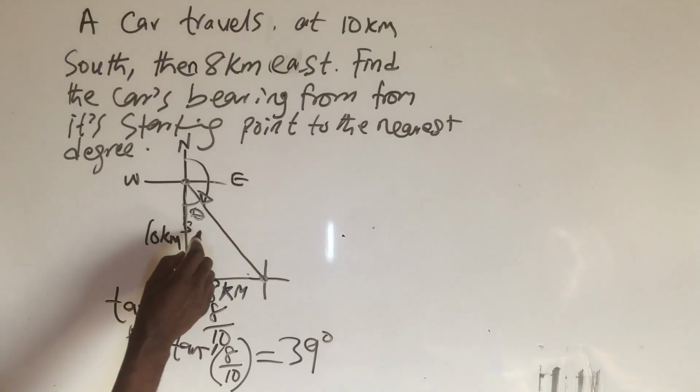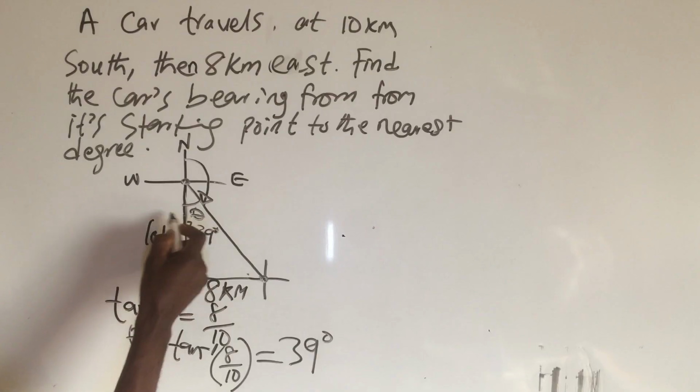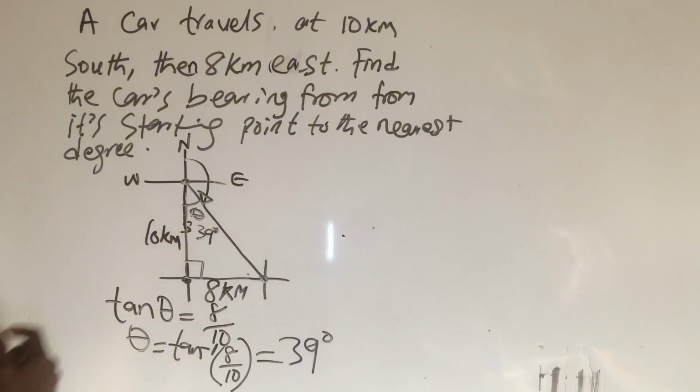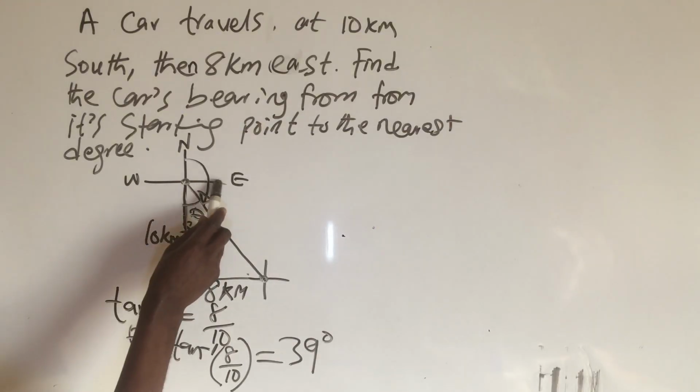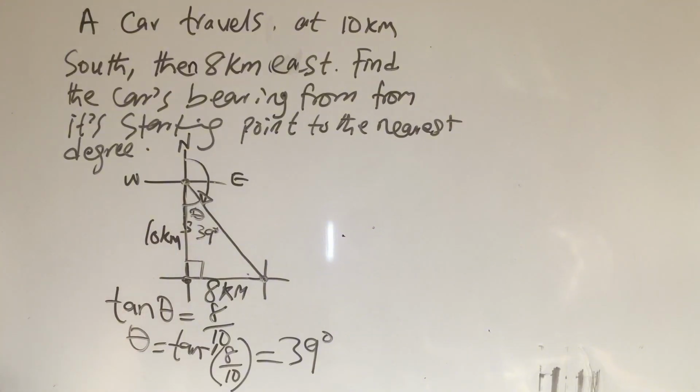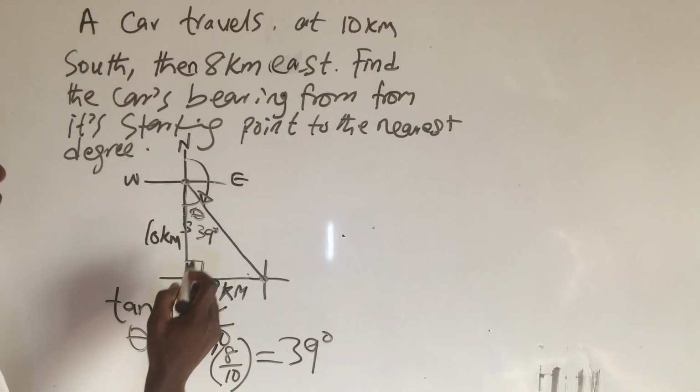Okay. Now finding the bearing. Since this angle is 39 degrees inside here, and from here to here is 90 degrees, when we subtract 39 from 90 degrees, what will remain? It will remain 51. So it is this 51 we are going to add here.